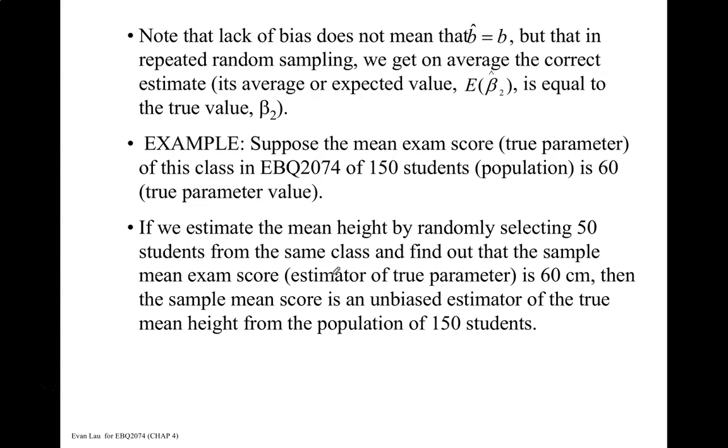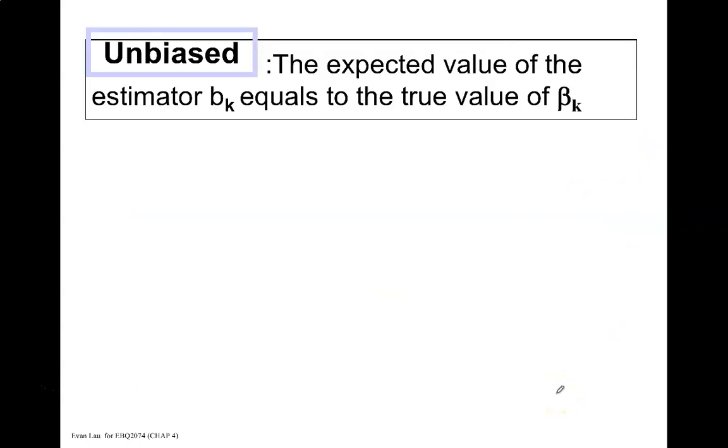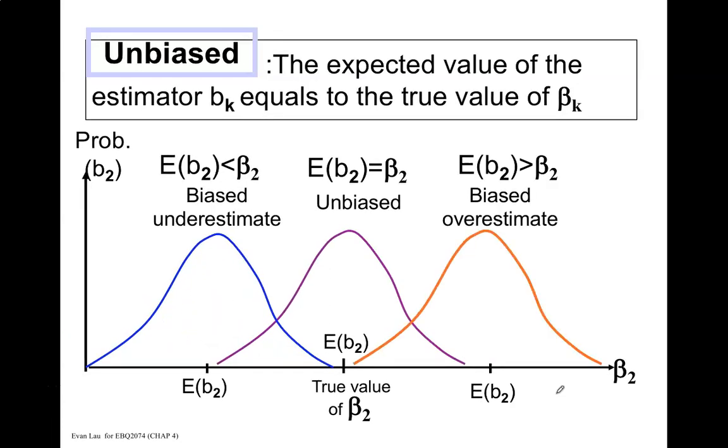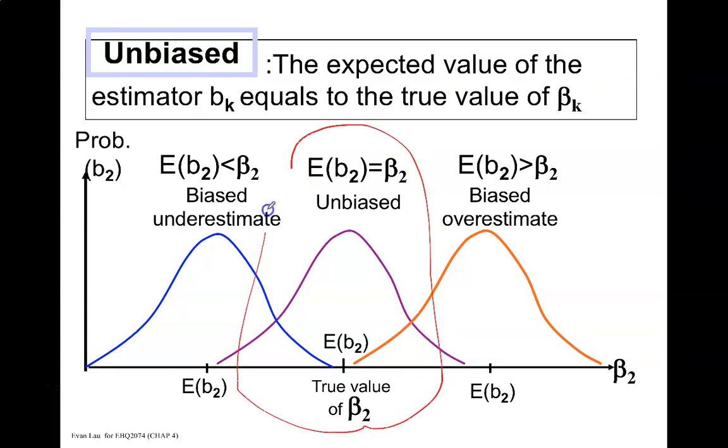This is just an example of that. Unbiasedness can be represented in such a way. If it's plotted in a normal distribution, it is always the one that lies in the middle. The other sides are bias, underestimate or overestimate, which we do not want for our regression.